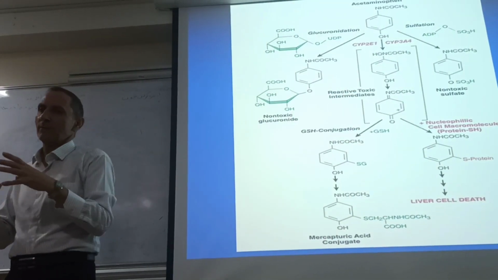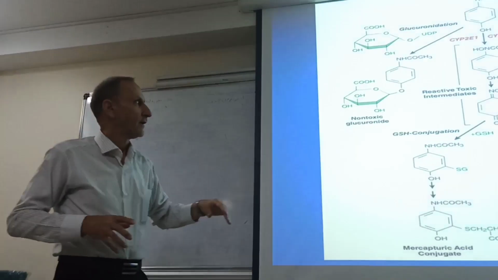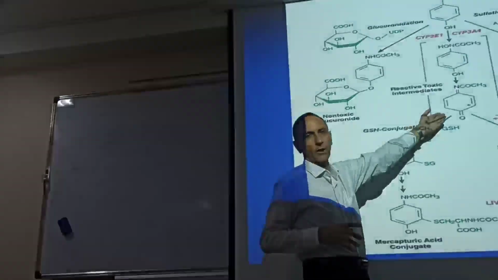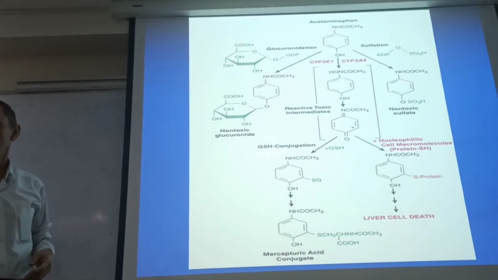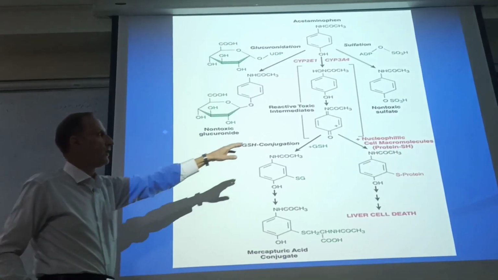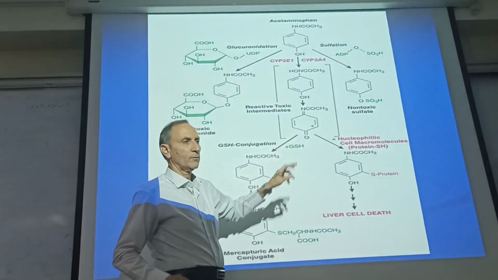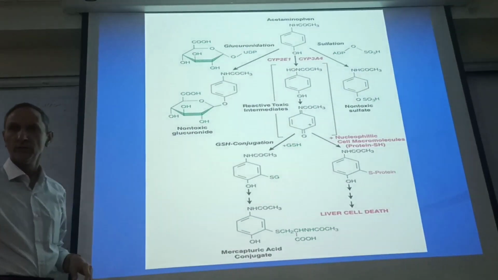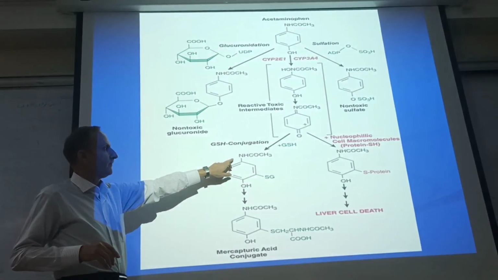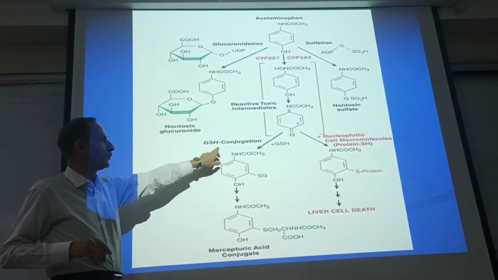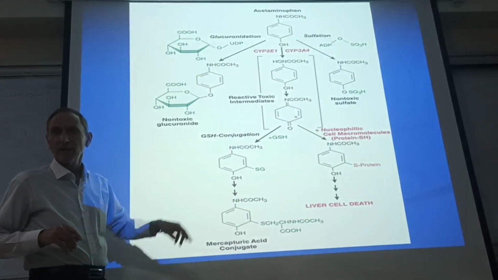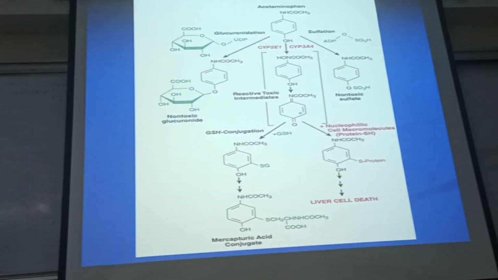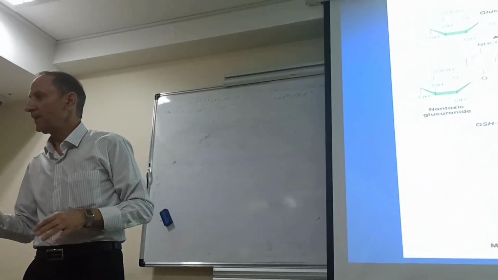When metabolism occurs with cytochrome, we have quinone metabolite, which is hepatotoxic. If the amount of this toxic metabolite is low, then we have conjugation with glutathione. But the amount of glutathione in liver is limited.